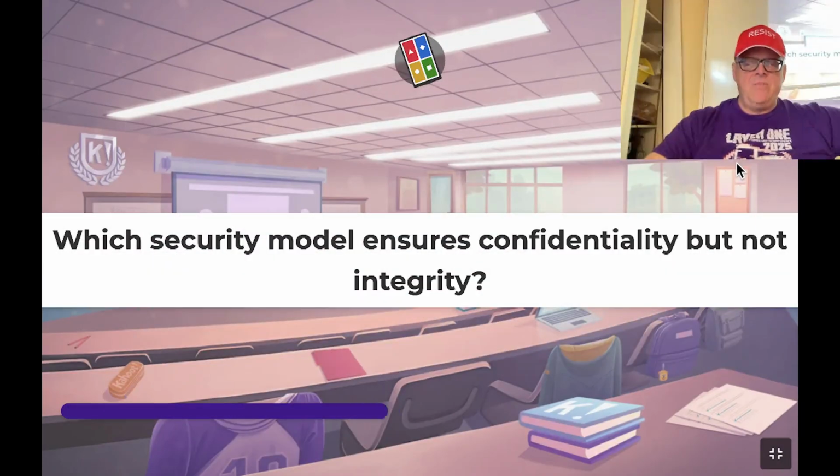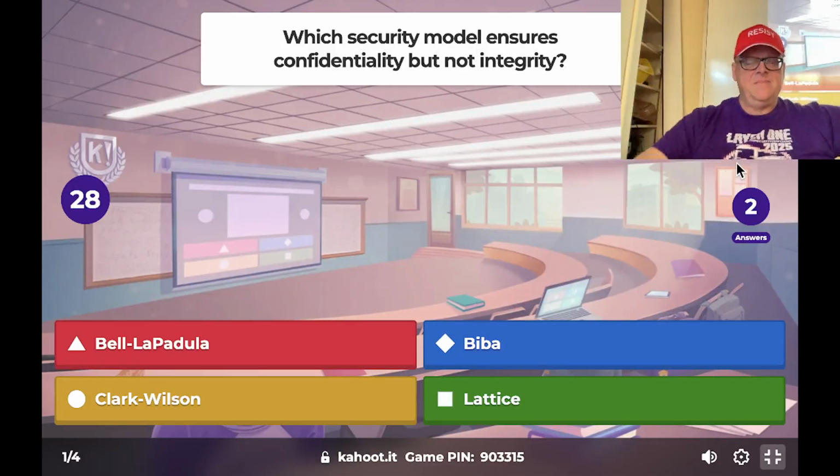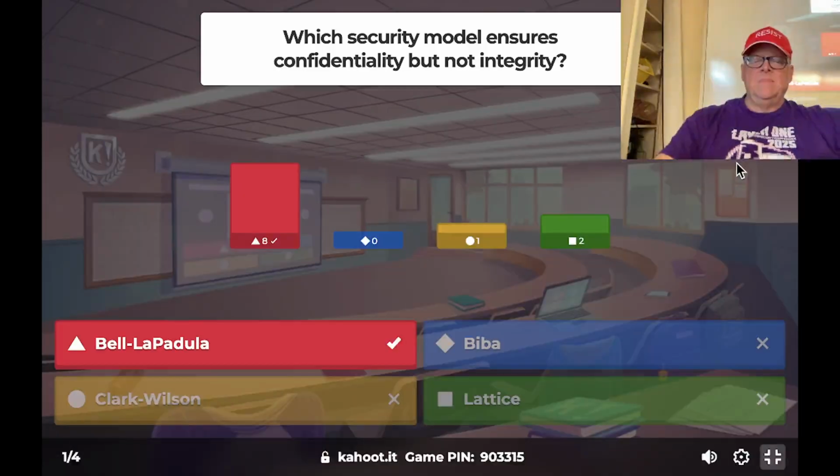All right, so which model ensures confidentiality but not integrity? That's the Bell model. Good.